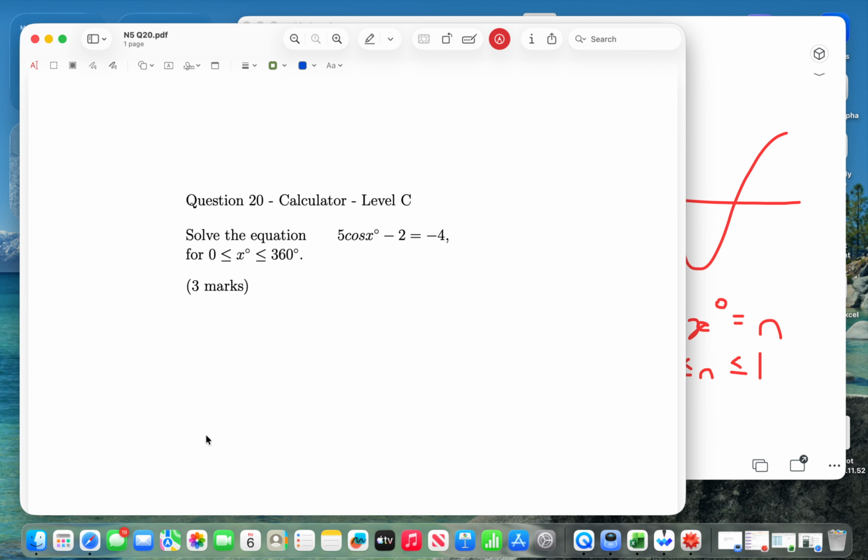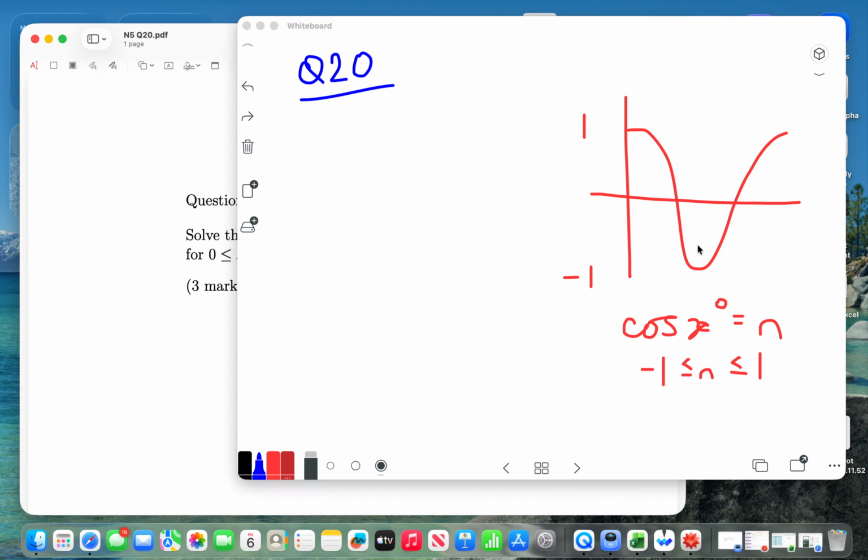So we have the -2 on the left hand side. If we add 2 to the left hand side, we cancel out and we just get 5 cosine of x. But we must add the 2 to the opposite side too.